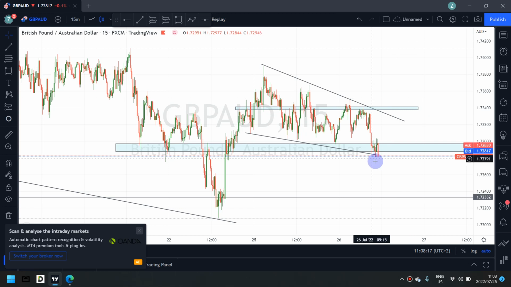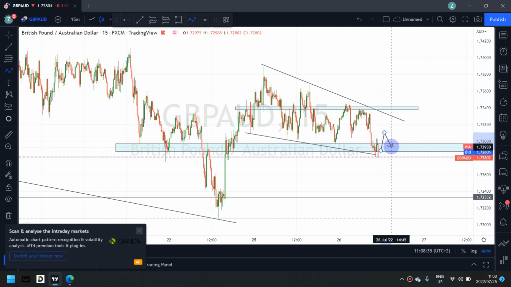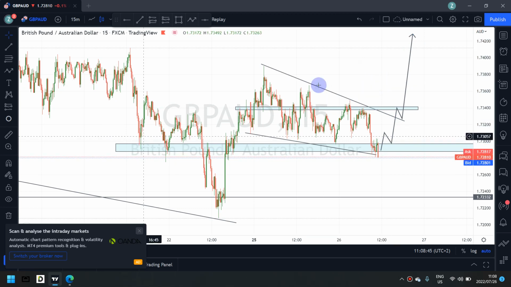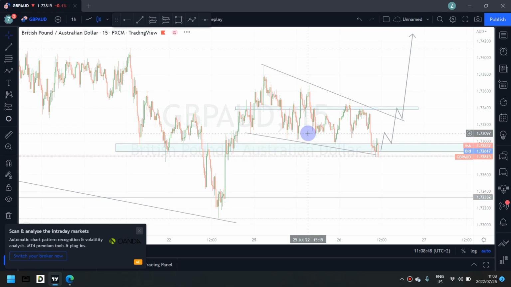So now seeing that this is our descending wedge, our falling wedge, whatever you call it, descending type pattern, basically what we're looking for is a push to the upside, right? A breakout, a retest, and then a further push to the upside to complete our overall inverse head and shoulders, right?